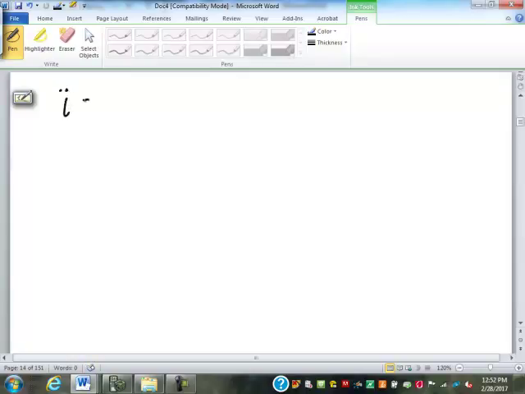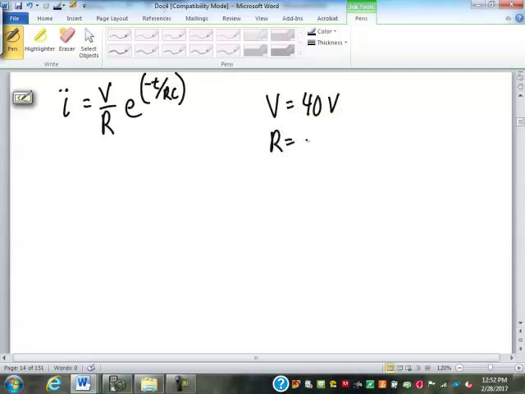So again, our formula, the current is V over R times e to the power of negative t over RC. I'm going to have you do that for V equals 40 volts, R equals 1.2 kilo ohms, and C is going to be 800 microfarads.